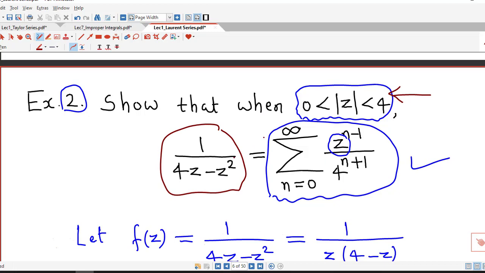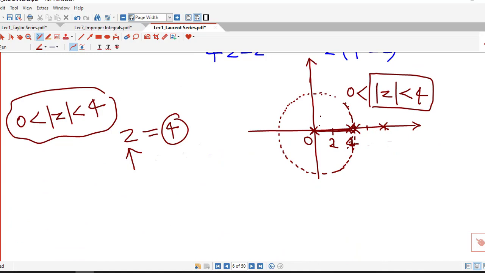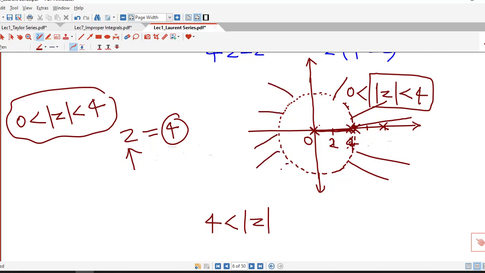Therefore we can represent it as a Laurent series in this domain. Instead of this domain, if we consider the set of all points outside this circle, that is, points z having absolute value greater than 4, then the function is analytic everywhere except z equal to 0 and 4.